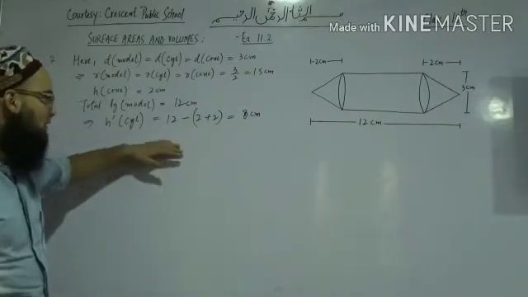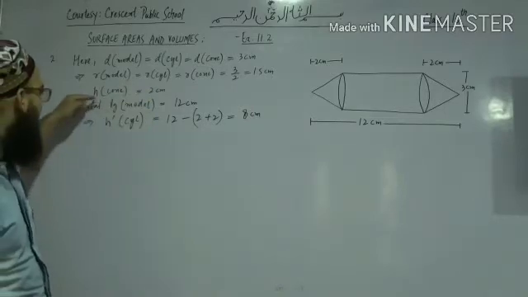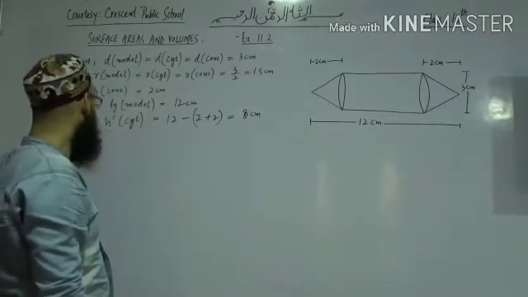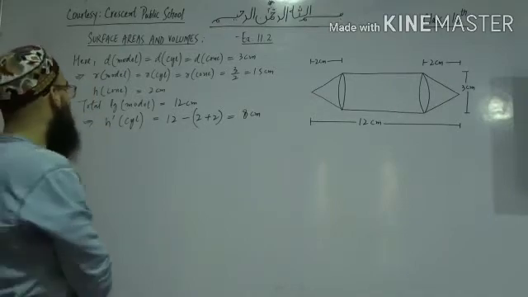Now if you observe carefully, height of the cylinder is different than the height of the cone. So I make this h as h dash. Now I differentiated the height of cone and cylinder as h and h dash.